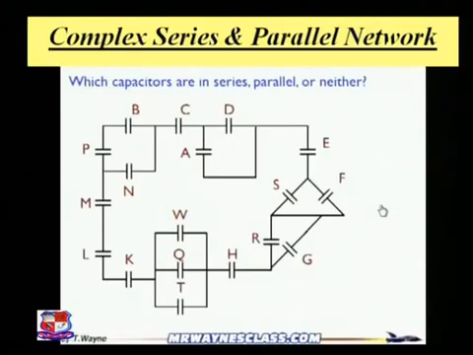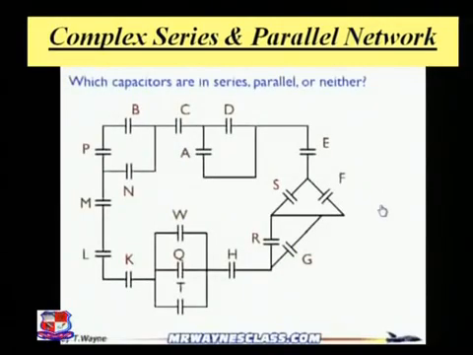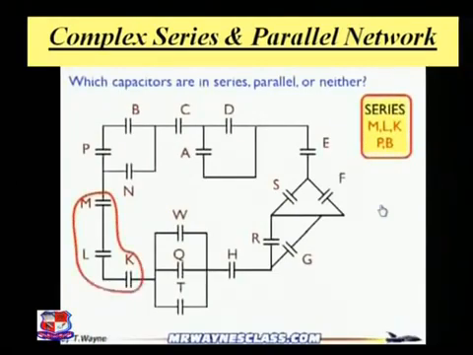Whenever you are connecting any two capacitors in series, there is no node between those two capacitors. So you see that B and P capacitors are in series, and likewise K, L and M are in series. You cannot consider C and D as a series because between the two capacitors there is a node.